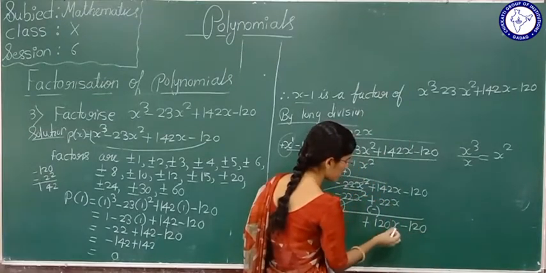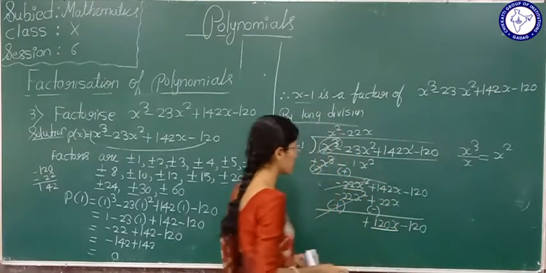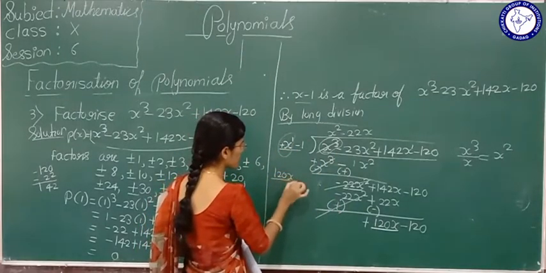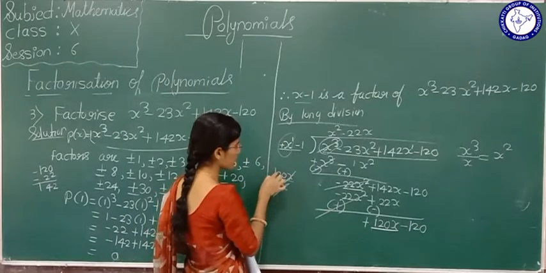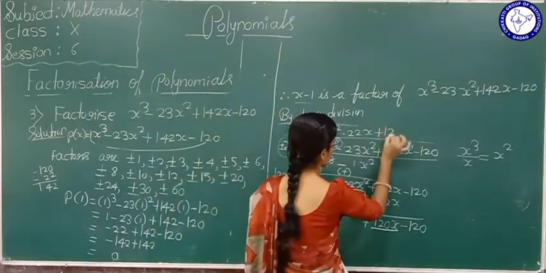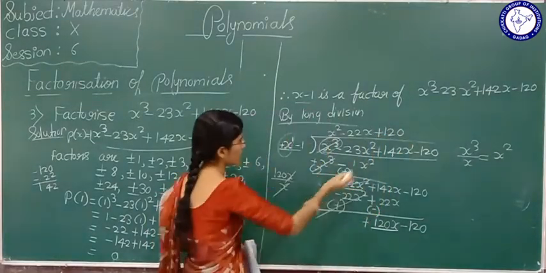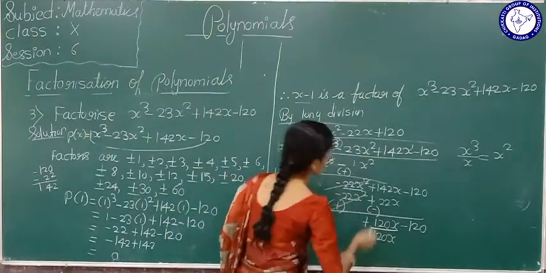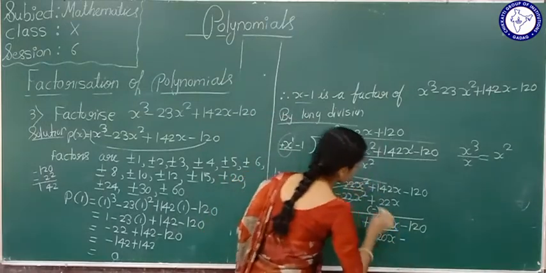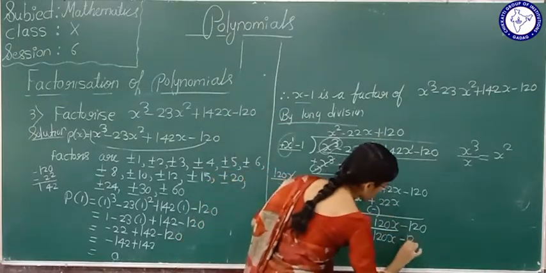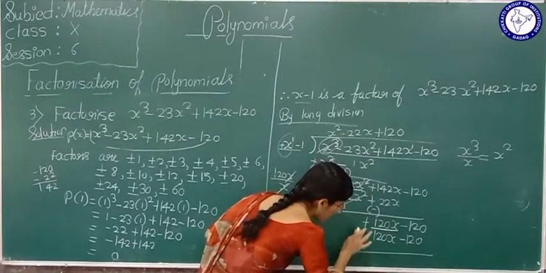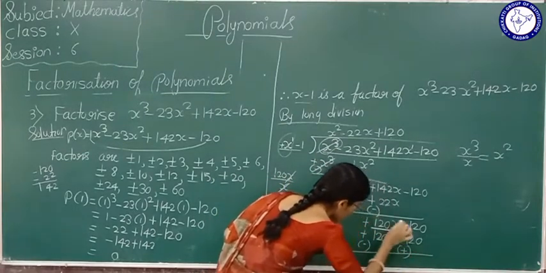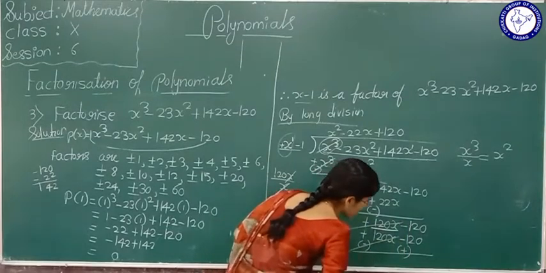Again this is the new dividend. Take the first term of the dividend divided by the first term of the divisor, that is 120x by x. X will get cancelled. Remaining is 120. Again 120 into x is 120x, and 120 into minus 1 is minus 120. Now we have to subtract here. For subtraction, change the sign. Plus 120x minus 120x gets cancelled.